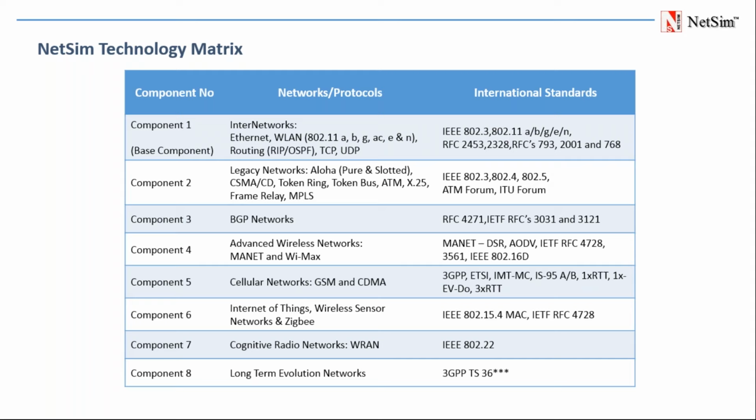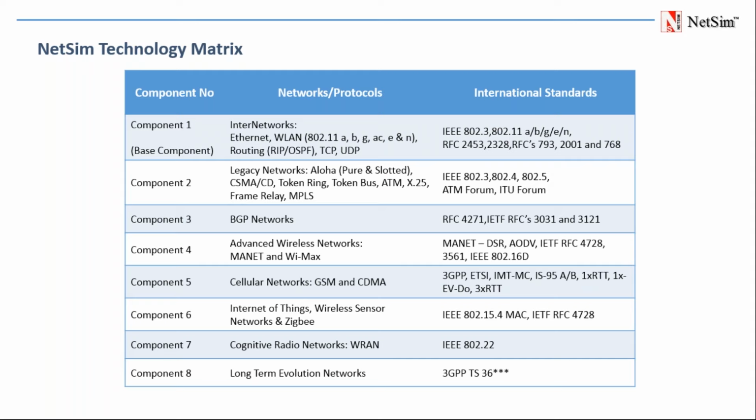For illustration, component 1 consists of Internetworks, which have LAN, WAN and wireless LAN, and Ethernet, and IEEE 802.11 a, b, g and ac. Component 1 is the base component. That is, all other components require component 1 to run.